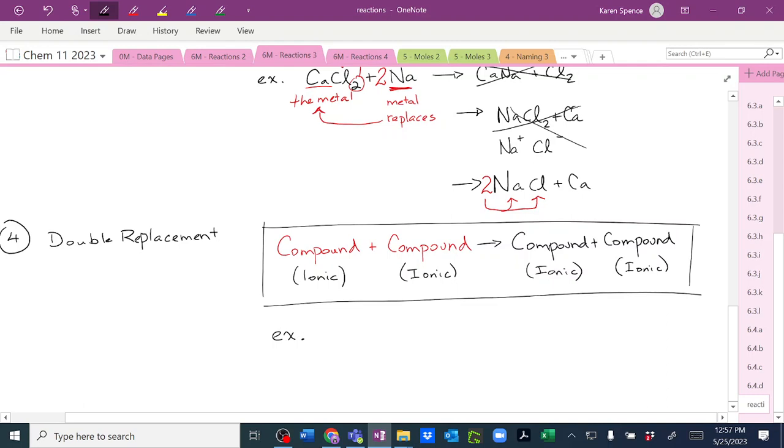Let's say we have Pb(NO3)2 plus KI, compound plus compound, both ionic compounds.